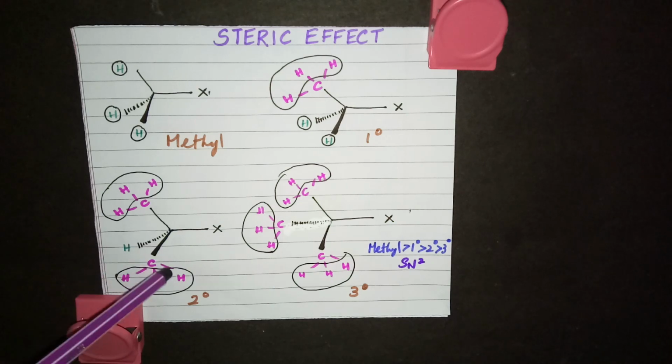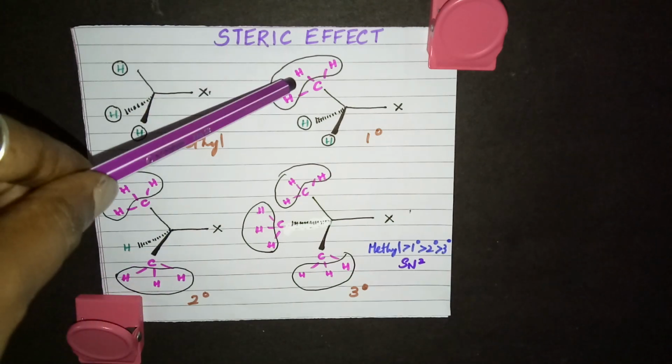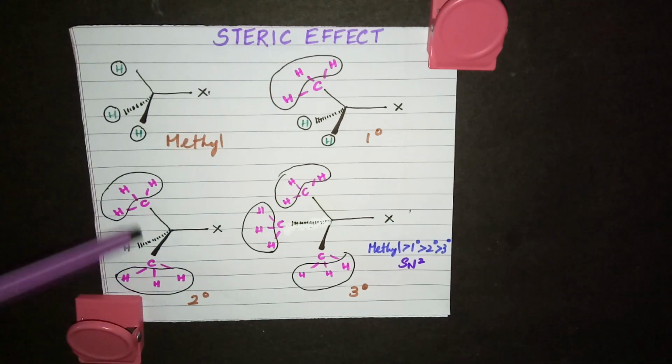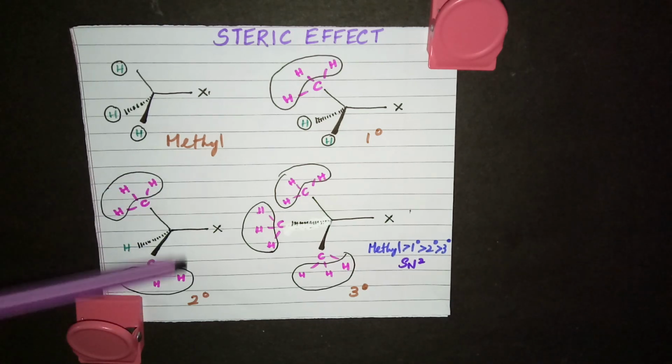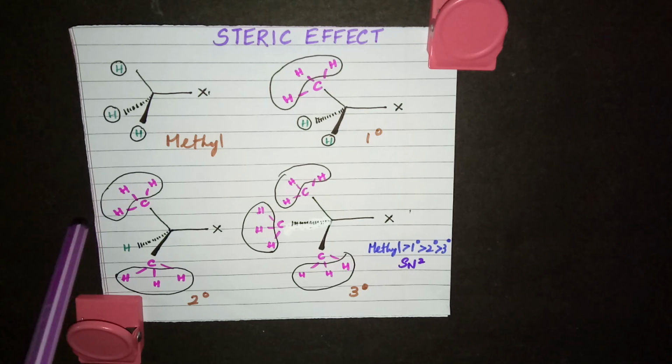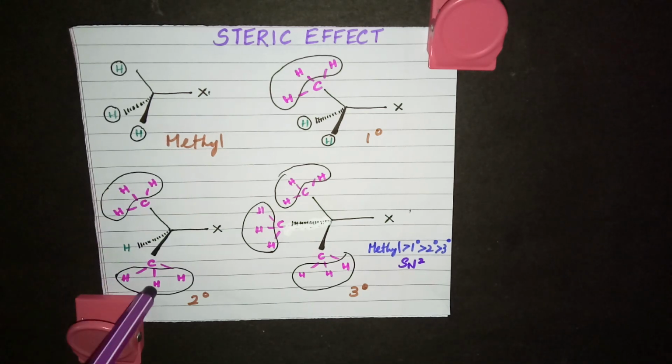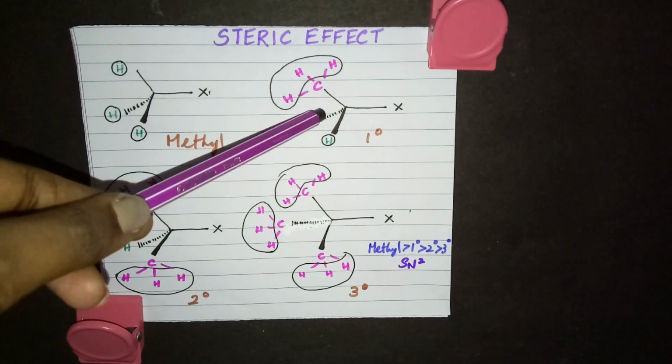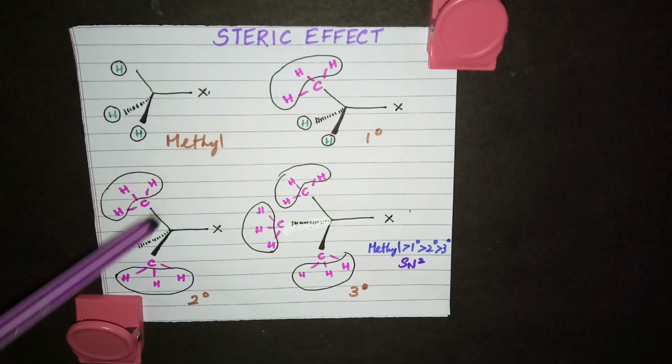And then come to this example. This is secondary. Here you have one methyl group and here you have two methyl groups. When there are two methyl groups, again the strain will be more. So when the nucleophile is coming from this side, these two are going to hinder it. So this undergoes nucleophilic substitution more easily by the SN2 mechanism than this.